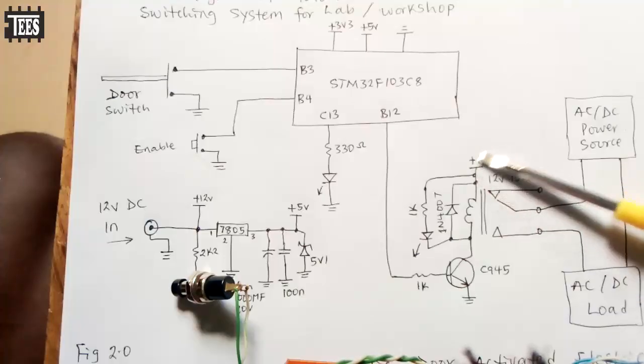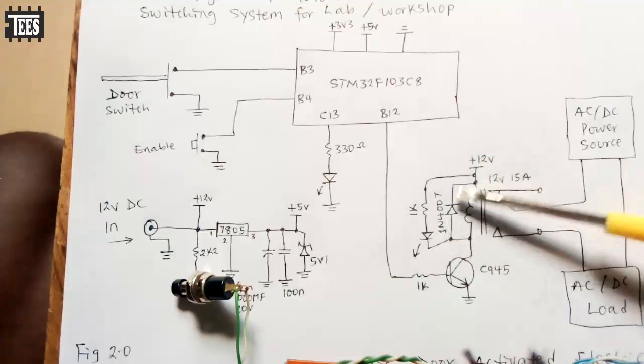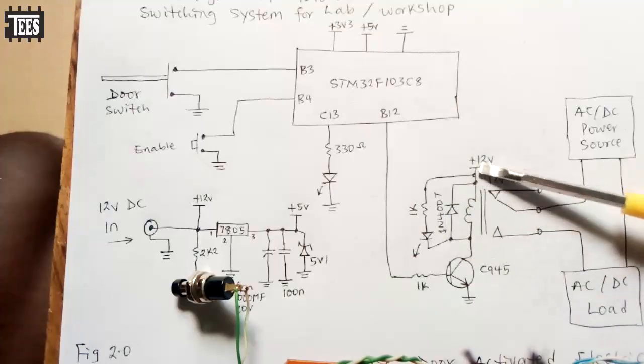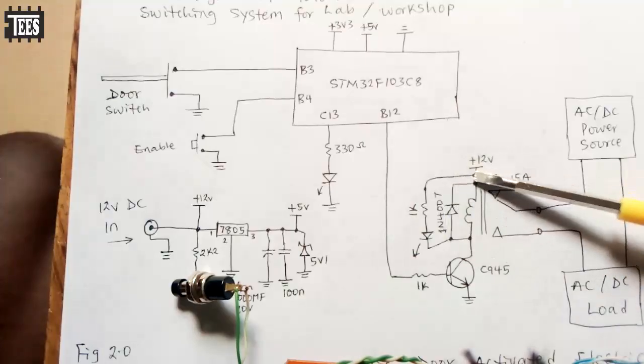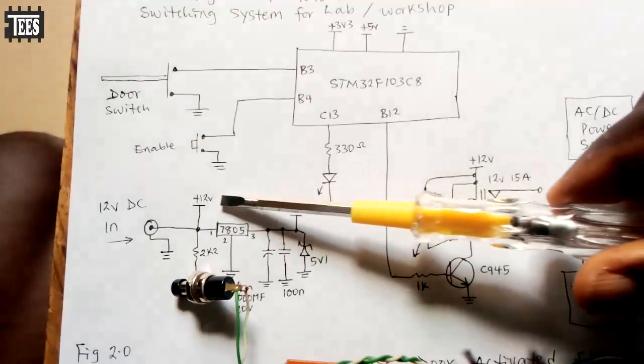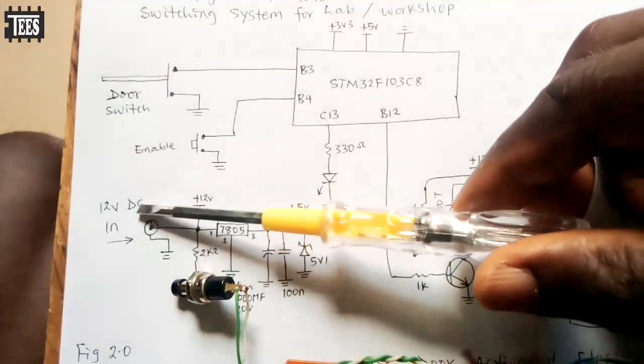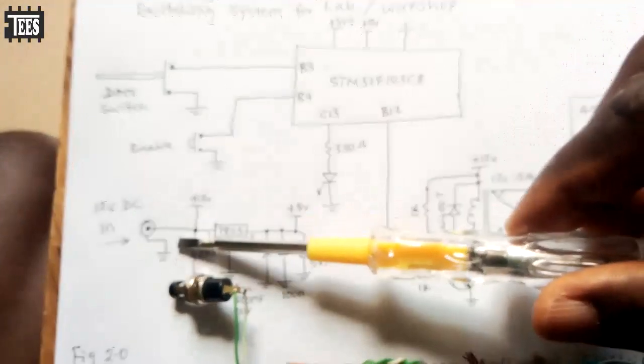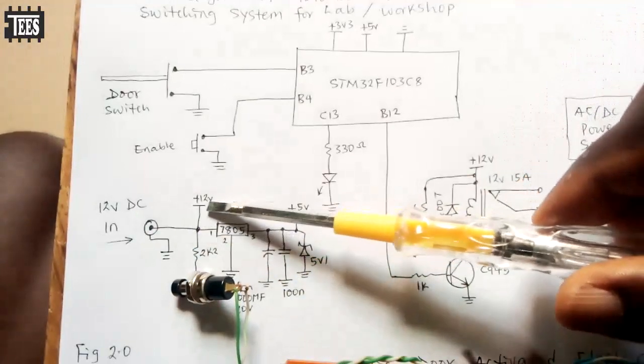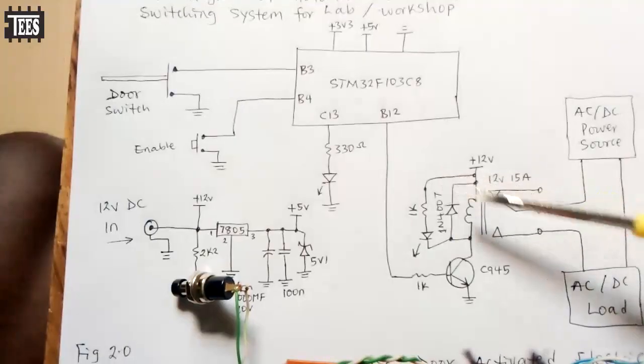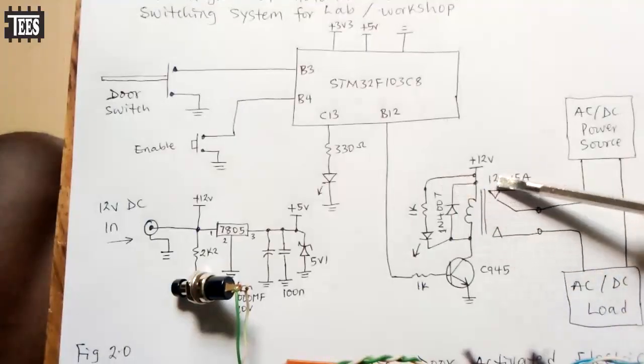Now, since I have 12-volt relays around, they are much more available, so that's why I use 12 volts. 12 volt DC is easy to get around, so I can power my 12-volt relays.